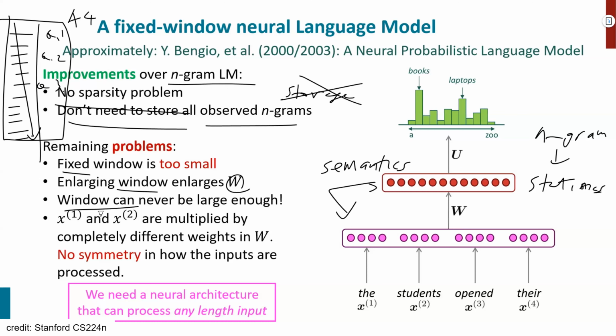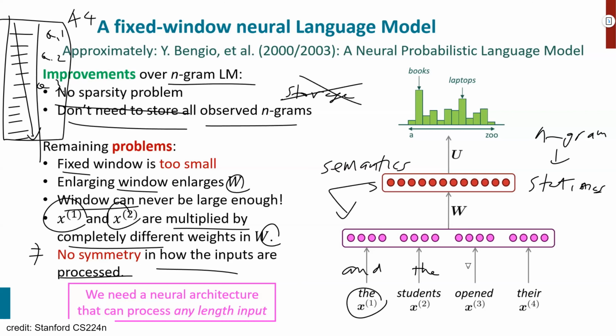Okay? Another problem here is that x1 and x2 are multiplied by completely different weights in W, meaning no symmetry in how the inputs are processed. So, for example, if the comes here, like, the students opened, this the might be processed in a different way than when it was here.